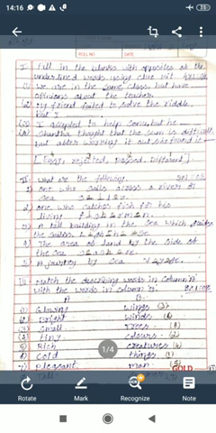First main: fill in the blanks with opposites of the underlined words. Here we have given one sentence, and the underlined word will be "same".